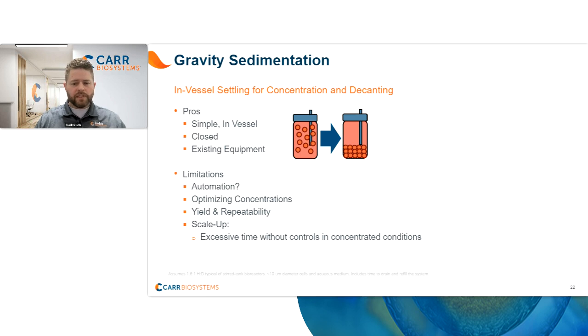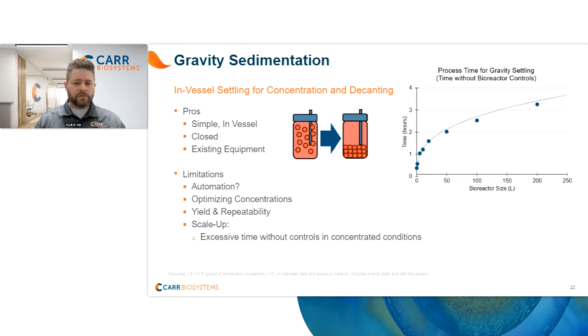But ultimately, one of the biggest challenges we've seen with end users here is scale up. In this top right graph, you can see at small volumes, 1-2 liters or less, you might need 10 minutes of settling time to get your cells to settle out and to exchange your medium. But as you scale up, even to maybe on the order of 10 liters or less, you're starting to look at 1 hour of processing time, and at 50 liters, you're really starting to stretch that out.